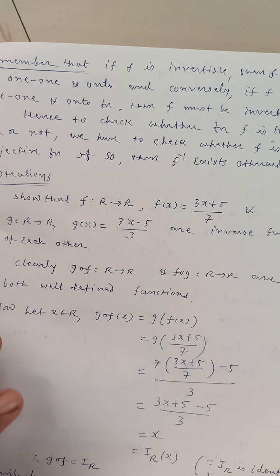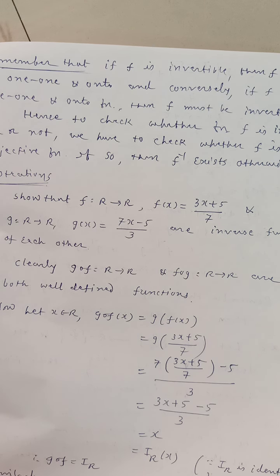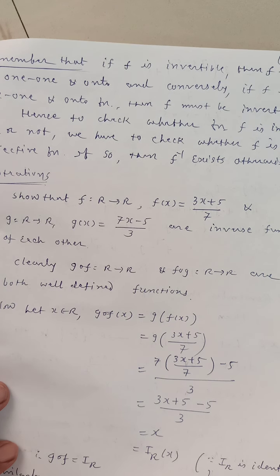So hence, to check whether function f is invertible or not, what do we have to check? Whether f is a bijective function or not. If so, then f inverse exists, otherwise not. You know, bijective function means one-one and onto. So this is the essential condition for existence of the inverse of a function.